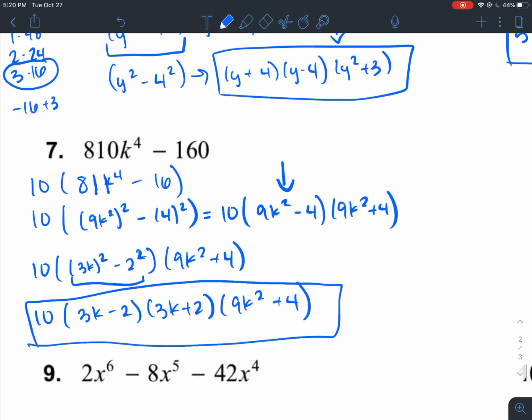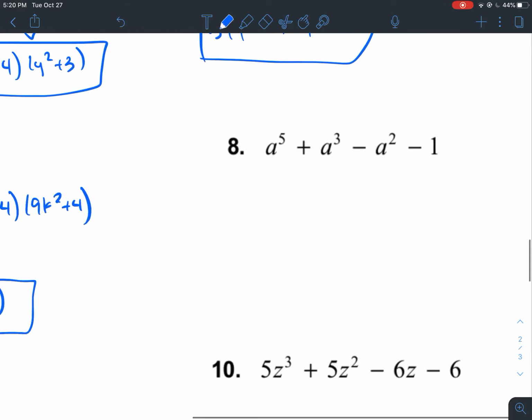So again, a big key is noticing how you can rewrite your factors and then using the patterns that we have above. Okay, so we have 4 terms here. I'm going to start by factoring by grouping. For the first 2 terms, I'm going to take out an a cubed, and then I'll have a squared plus 1 left behind.